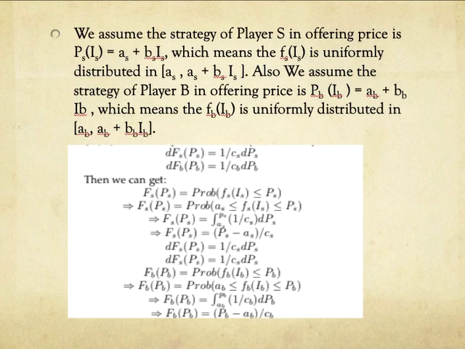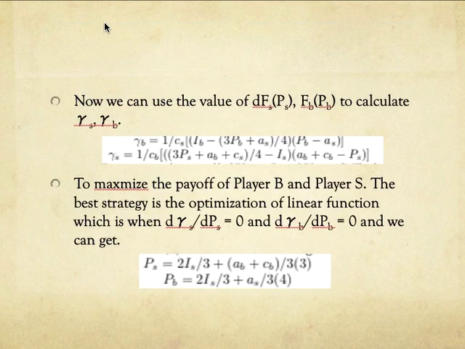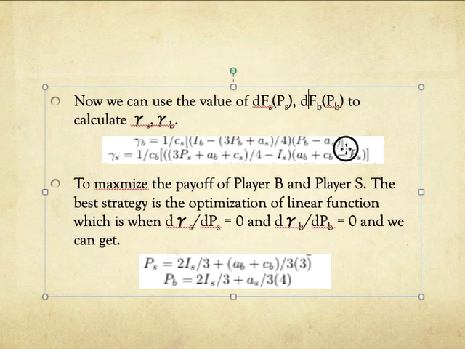Also, we assume the strategy of player B, PB(IB) equal to AB plus BB times IB, which means PB is uniformly distributed from AB to AB plus BB. Then we can use these values to calculate gamma S and gamma B.